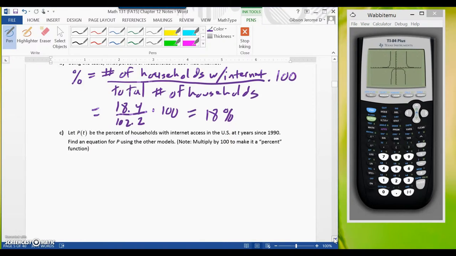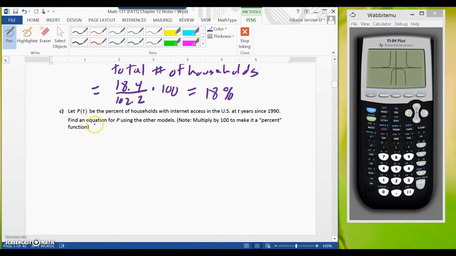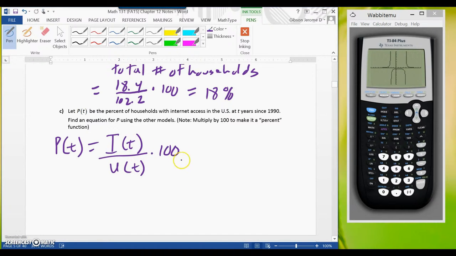Now we come here to C. It says let P of t be the percent of households with internet access in the U.S. at t years since 1990. Find an equation for P using the other models. Now, multiply by 100 to make it a percent function. So we have P of t is equal to I of t divided by U of t, which we were given earlier on in the problem. And we'll multiply that result by 100.